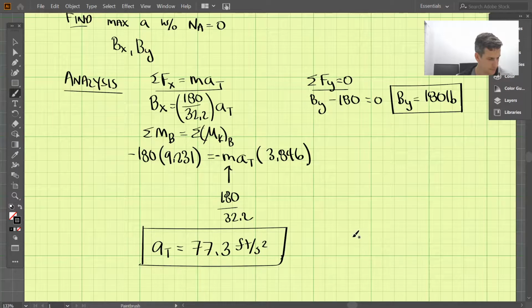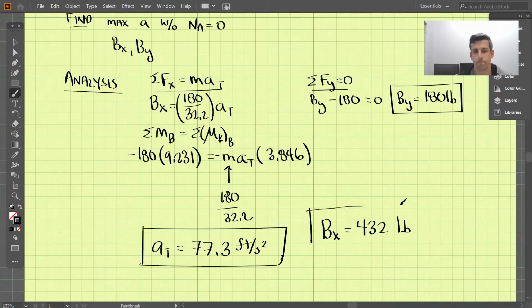And let's see, what does Bx come out to be here? Bx comes out to be 432 pounds. And that is problem 1740.